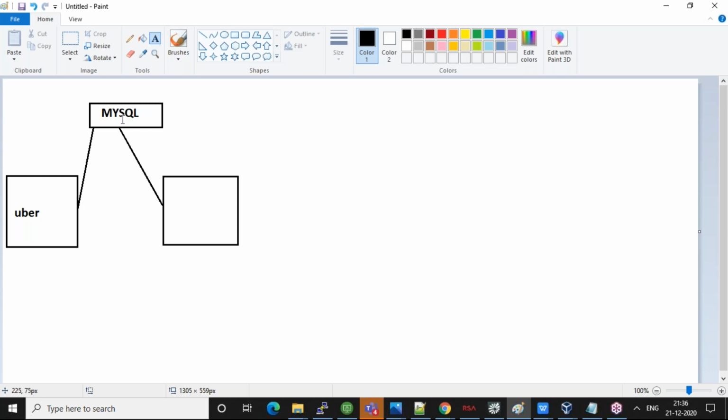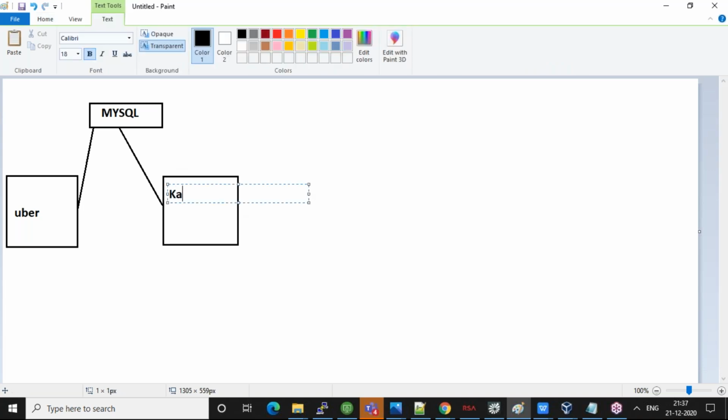From this MySQL we have binary logs available. In MySQL, if you observe, two things are available: the data is available in tables, and we also maintain the data in binary logs. From those binary logs, 24 by 7, all the data can be placed into Kafka topics.